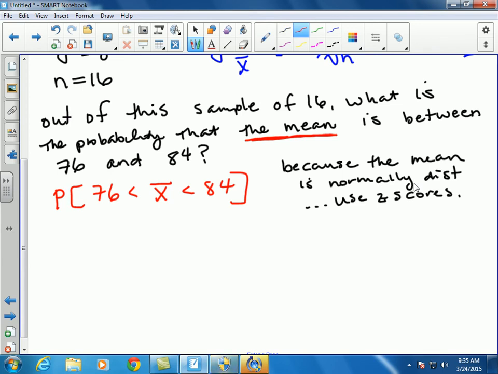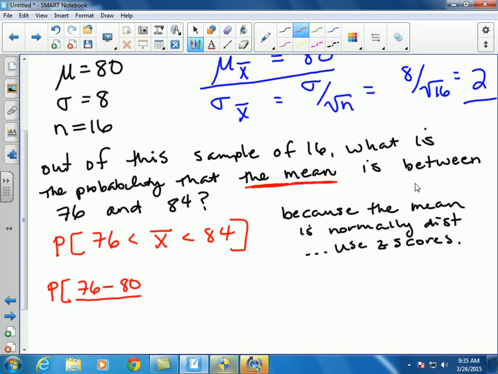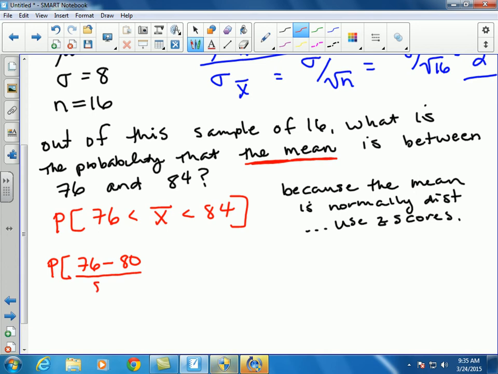We're going to say, this is the probability that 76, and we'll take away 80 because that was the mean, but in this case we're going to divide by that 8 over square root 16 because we're talking about the mean.